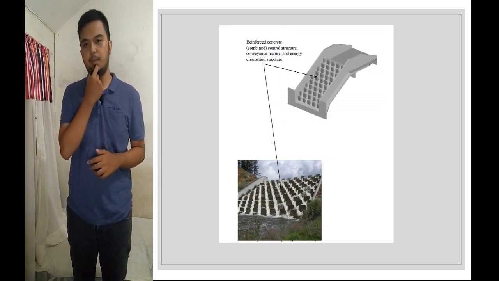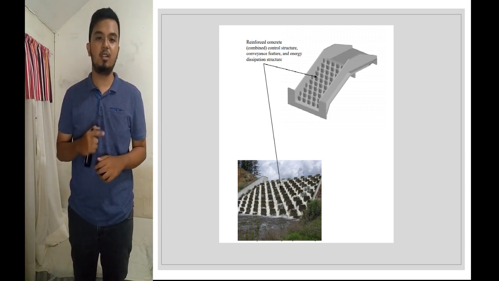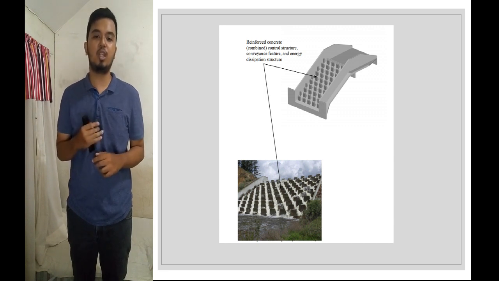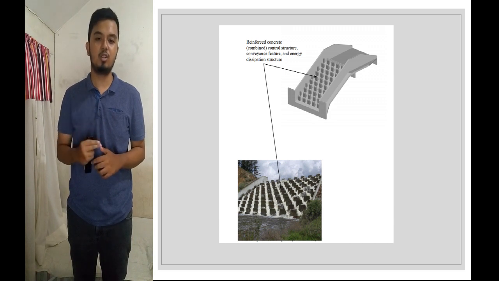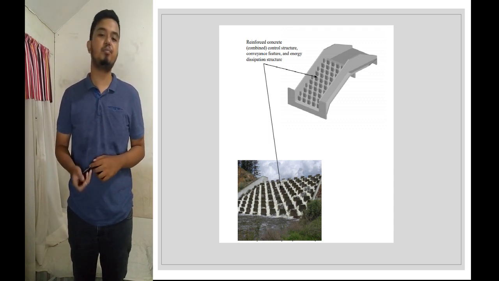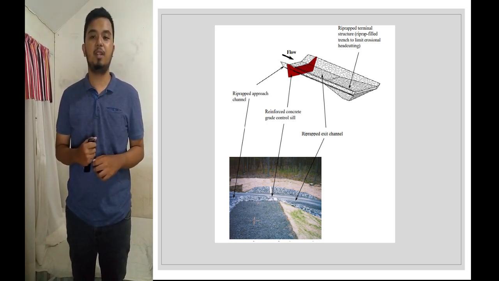Next, these are some examples of spillways. As I said earlier, reinforced concrete combines the control structure, conveyance feature, and energy dissipation structure. Reinforced concrete is the best material for our dam spillways because it has the strength to withstand the water flowing through it. Next is the riprap terminal structure, with a riprap field trench to limit erosional head cutting.